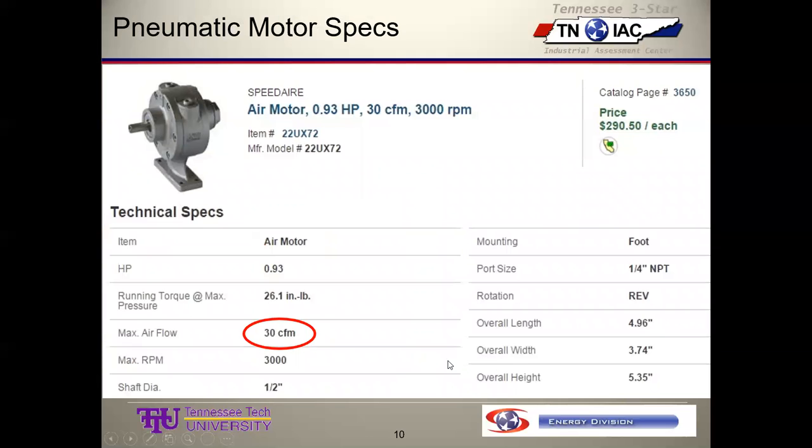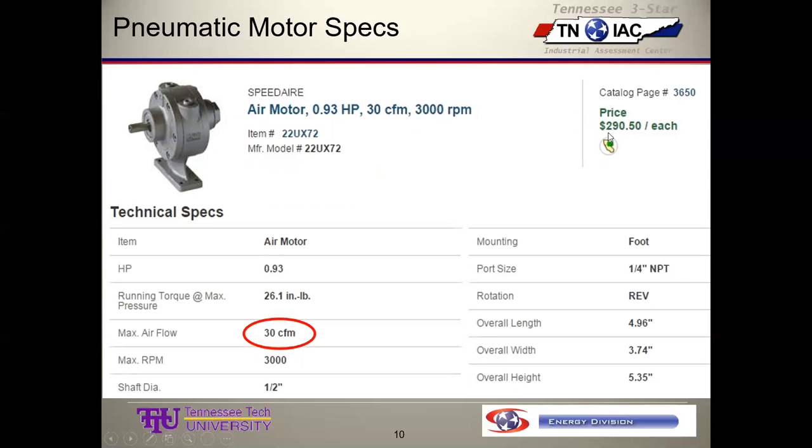Okay, and here's a little example I put in a while ago. I went out and searched for a 1 horsepower pneumatic motor. I don't know why they sized them this way, but this one was 0.93 horsepower, 3,000 RPM. This was on Grainger.